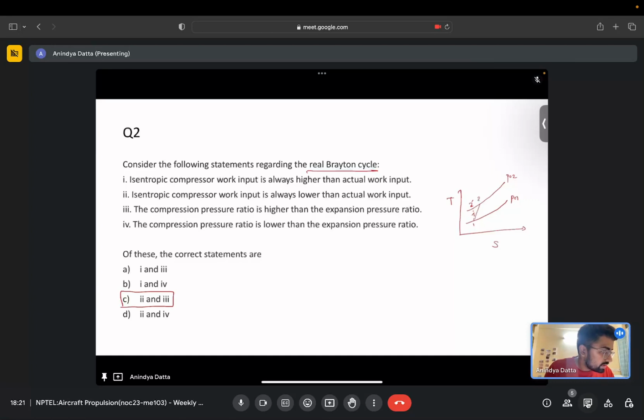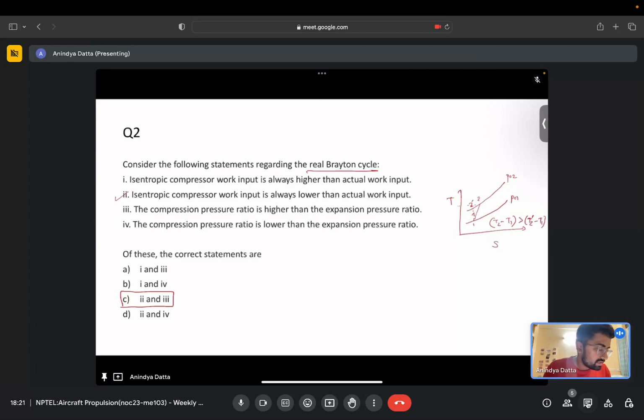You can see that T2 minus T1 is higher than T2 prime minus T1. And we know the compressor work input is proportional to the temperature difference across the compression process. So the isentropic compressor work input is lower than the actual work input.